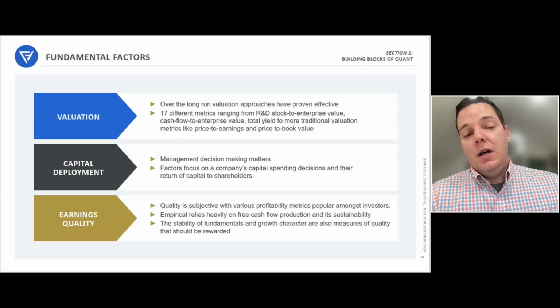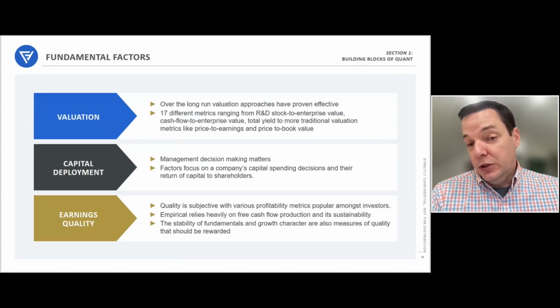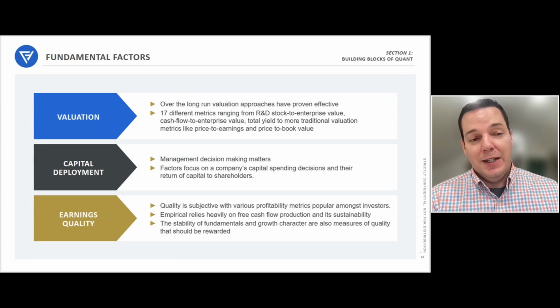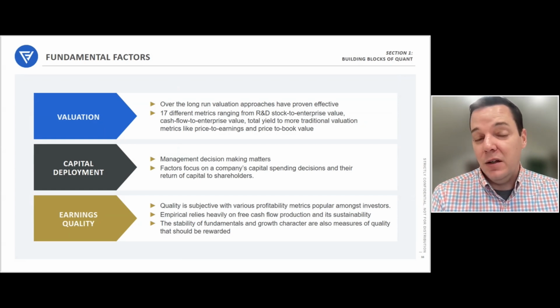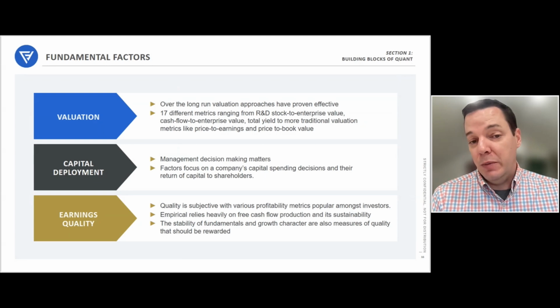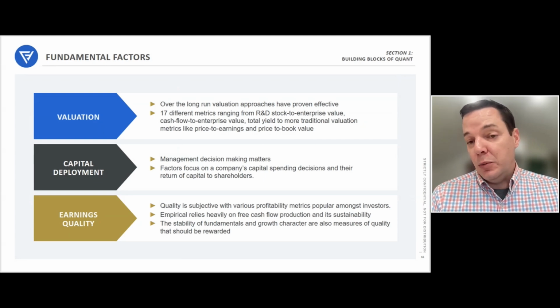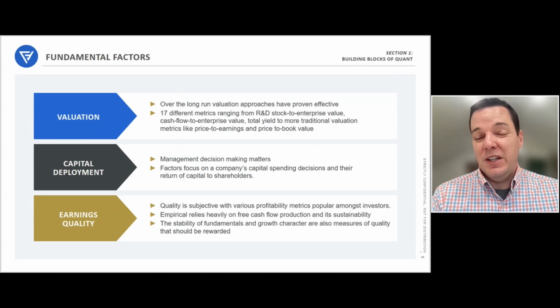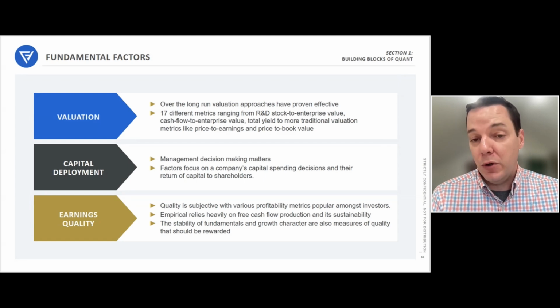So valuation, we believe over the long run, value approaches do prove effective. We can walk through the value construction in a different conversation, but ultimately we rely on a pretty broad set of valuation metrics. We have 17 different valuation metrics that we utilize. It includes some traditional metrics like price to earnings or price to book values, but we also have things that are maybe a little less utilized, like a total yield calculation that looks at dividends plus the return of capital to shareholders via share repurchases.